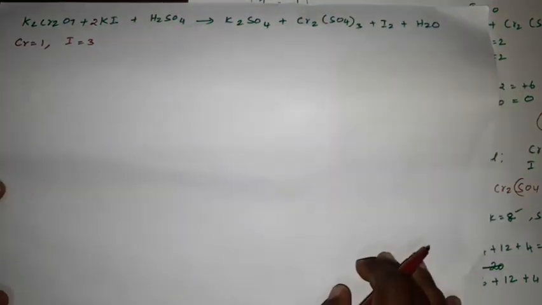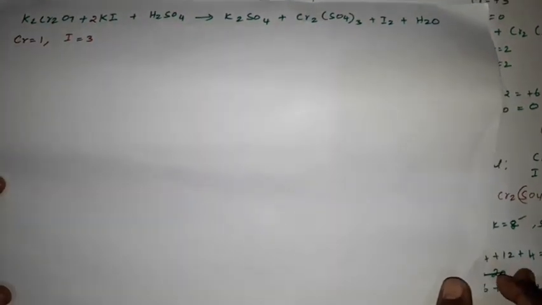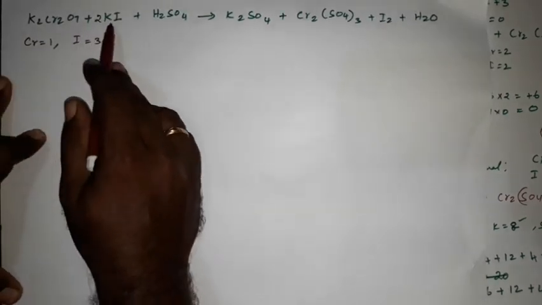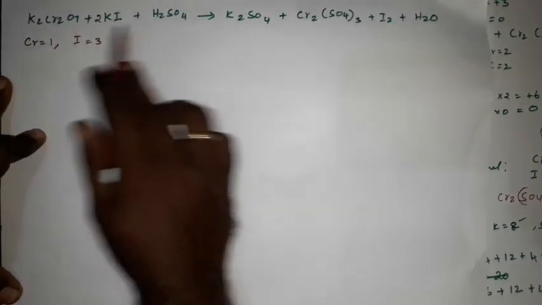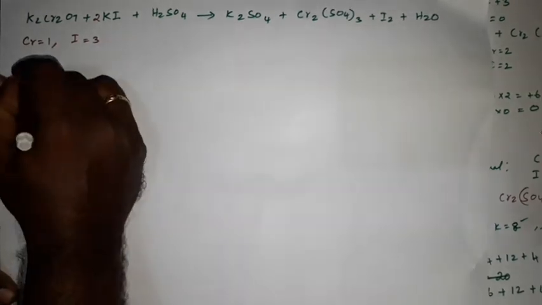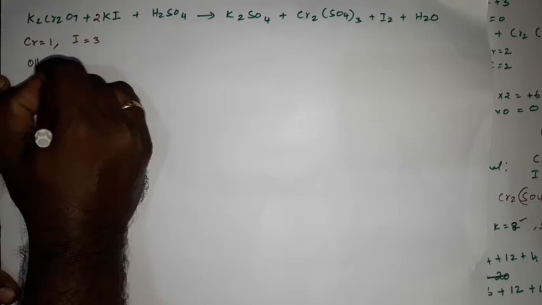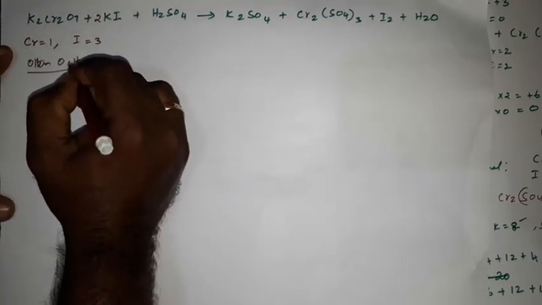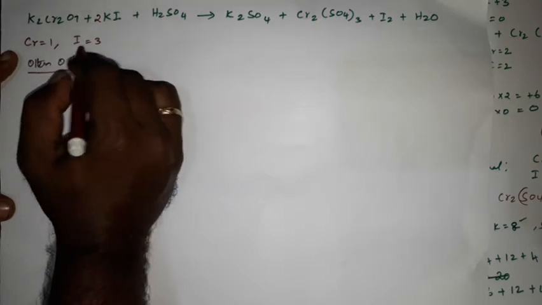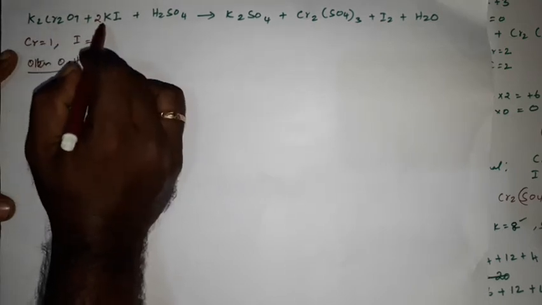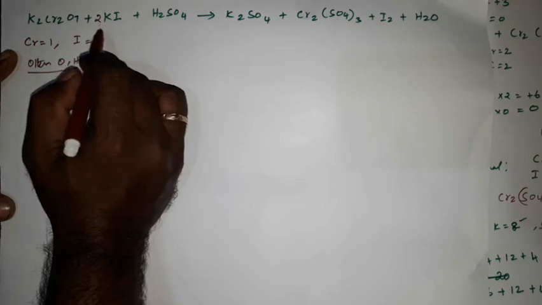So my dear students, I will do the balance once again. So here we have balanced iodine and chromium already. The remaining other than oxygen and hydrogen, we are going to balance here. So wherever chromium we already put 1 here, iodine already 3 here, so we are going to put 3 here.